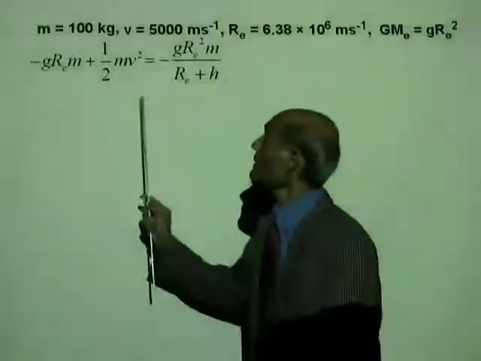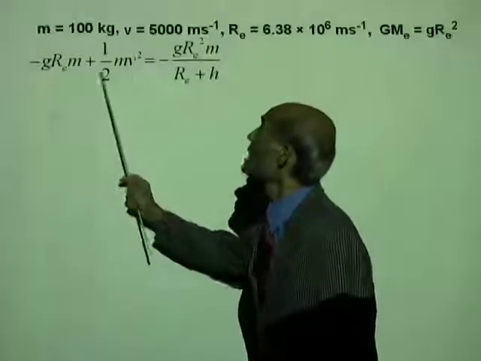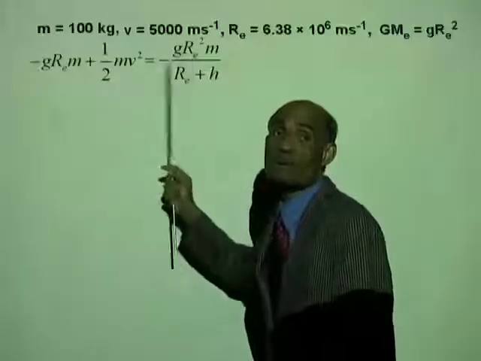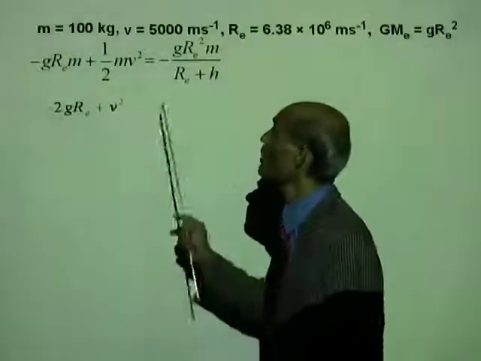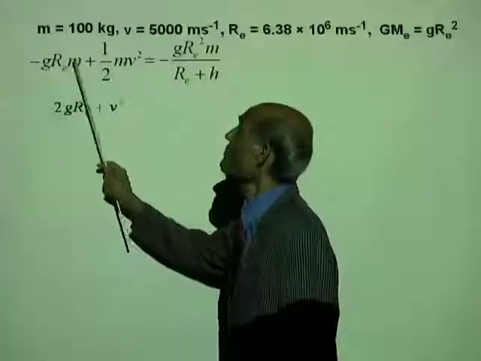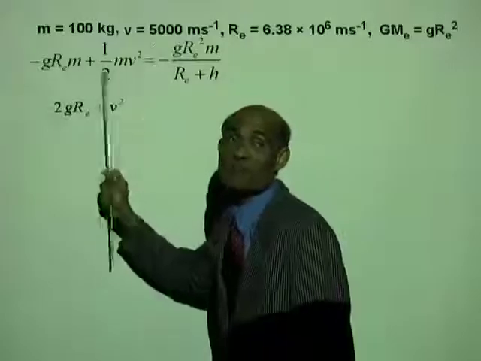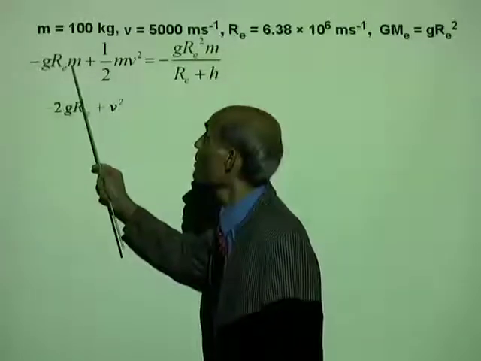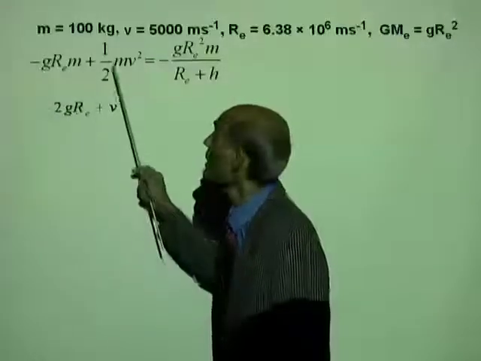What I will do is divide each term by m and multiply each term by 2, so that the 2 from there will go. So that's what I've done. Dividing by m, this m will go, and multiplying by 2 gives negative 2 g RE.